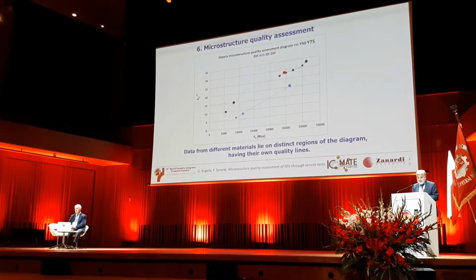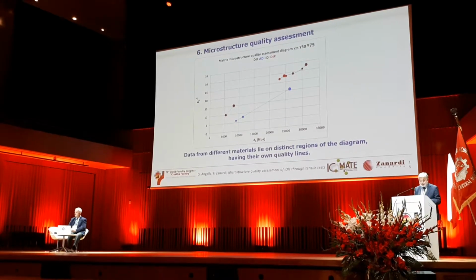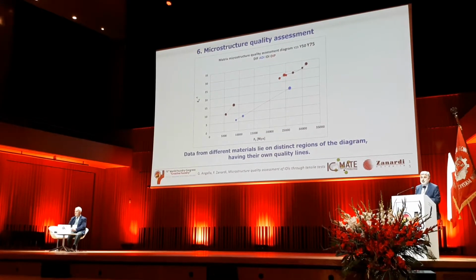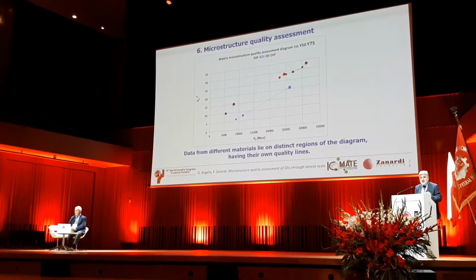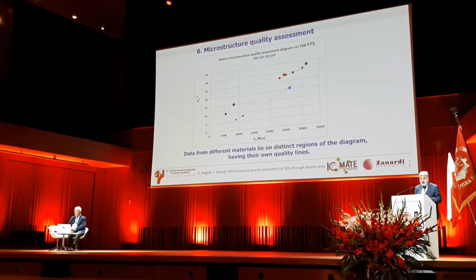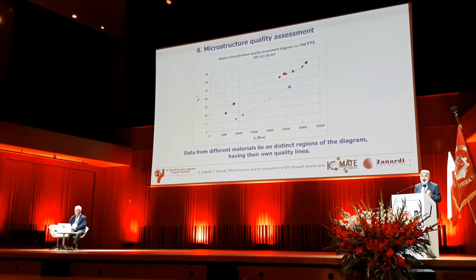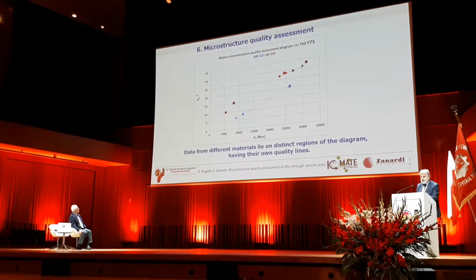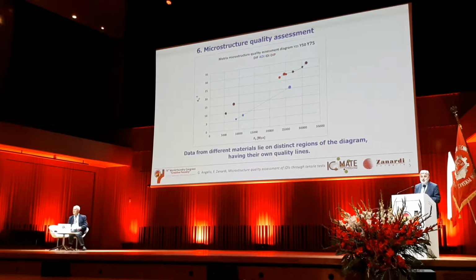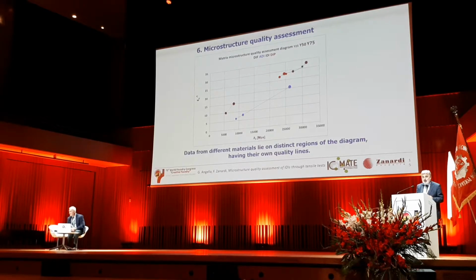And this is the microstructure quality assessment diagram that we learned to use in our company under suggestion of Centro Nazionale della Ricerca, where the 2 parameters theta 0 and epsilon c are represented, and you see that the different materials have significantly different parameters, both parameters in this diagram. To be in the right area in this diagram is a demonstration of the repeatability of the process of our materials.